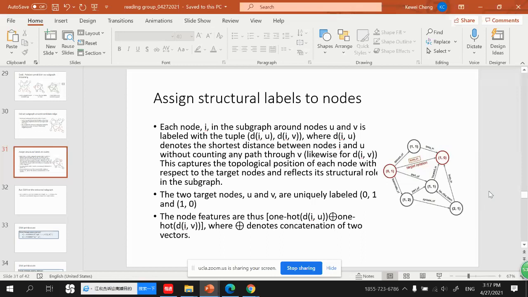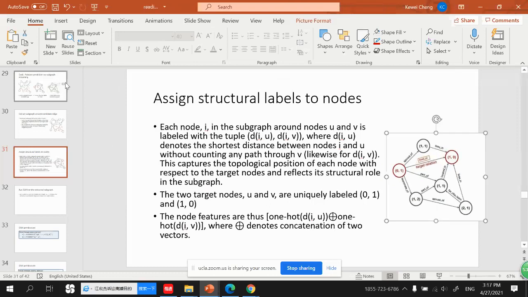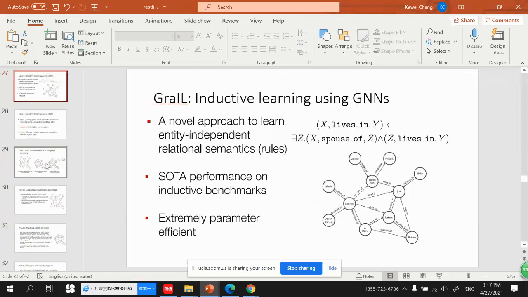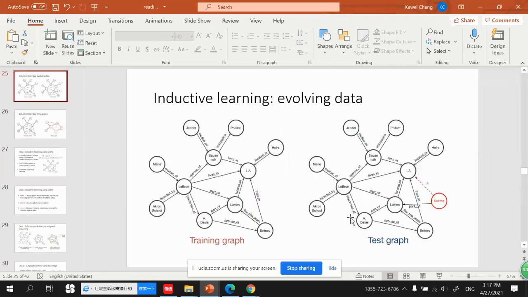Yes, and another understanding from me of this paper is this. Let us consider this scenario.